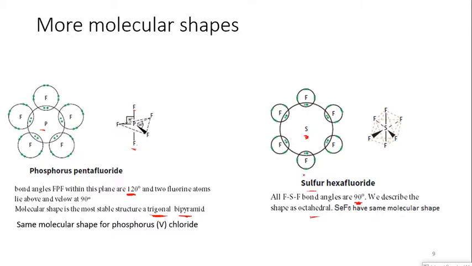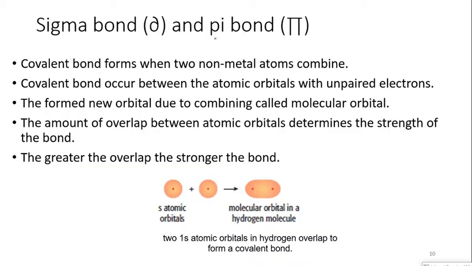If I look at sulfur hexafluoride, I could see that there will be an angle equal to 90 between sulfur and each fluorine atom. This will form a shape that we call octahedral.